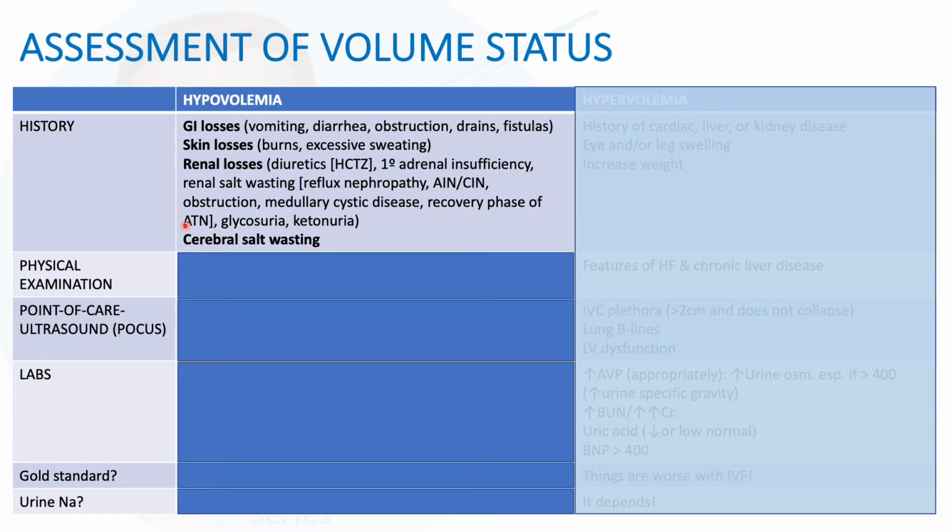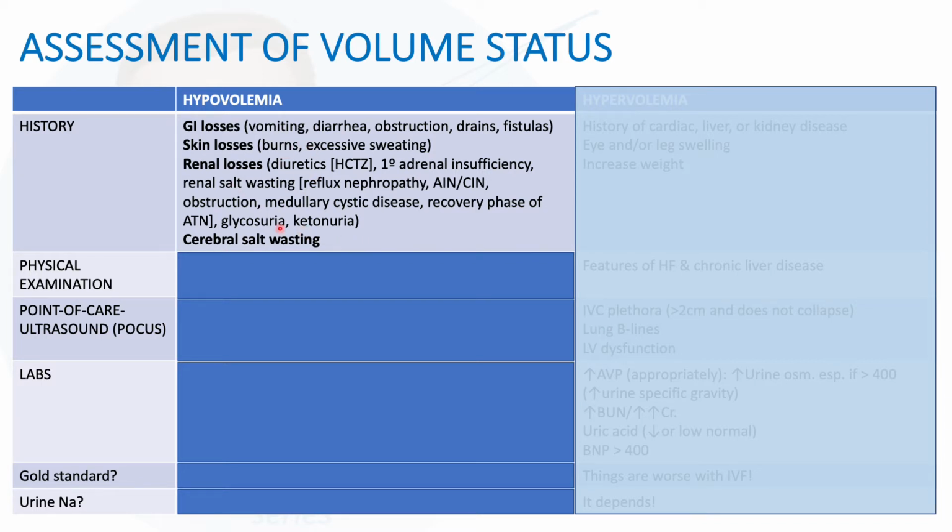This patient can also have polyuria and loss of volume and electrolytes, and subsequently hypovolemia. Patients with glycosuria might also have some water and volume loss from the kidneys, and the same for ketonuria. Then there is the less common, somewhat debatable entity, cerebral salt wasting, which we'll talk about as well.